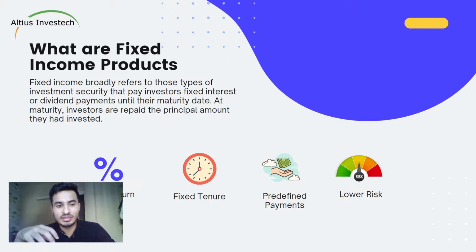So when you invest in a fixed income product, you earn a fixed return over a fixed tenure, and the payments that you receive are predefined, and you are aware of those before you invest in these products. Hence, these products carry a comparatively lower risk when compared to listed stocks or unlisted stocks and all the other assets.